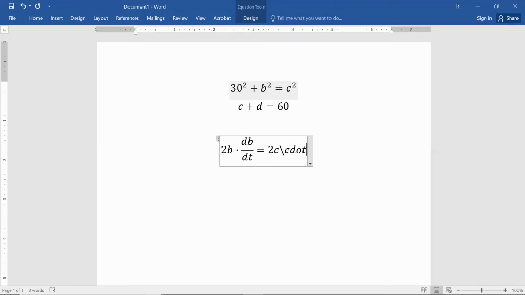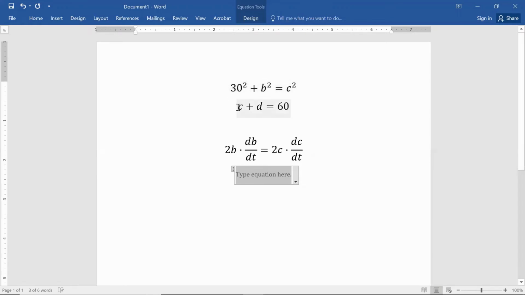The derivative of c squared is 2c multiplied times the derivative of c with respect to time. The bottom equation is really nice. 1 is the derivative of c, so 1 multiplied times dc over dt is equal to minus 1 times the derivative of d, well, that's going to be confusing, over dt.